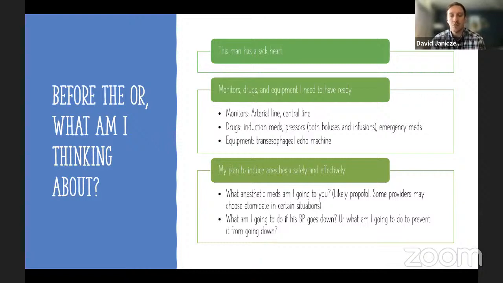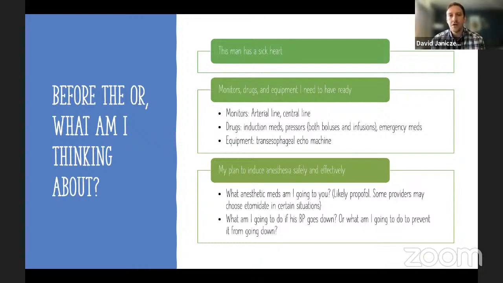Drugs: how am I going to get this guy asleep without dropping his pressure too much? What medicines should I use to bring up his blood pressure, boluses and infusions, and what emergency meds do I need in case something really goes wrong? Equipment: we need a transesophageal echo machine, which is pretty readily available in the cardiac operating room. So we'll definitely have that in there.